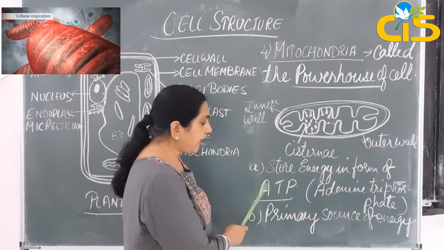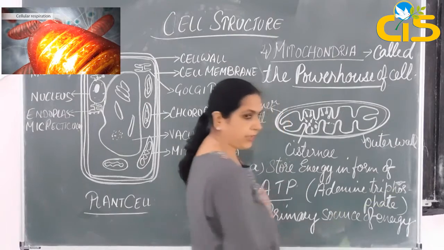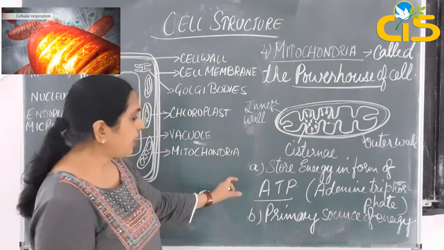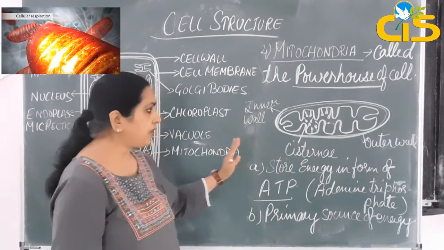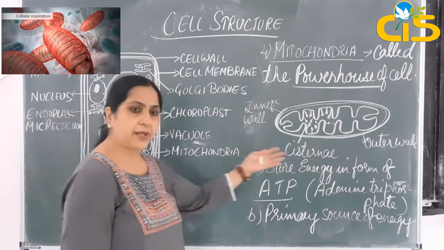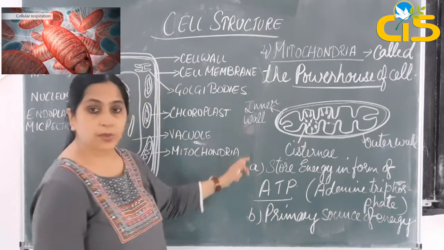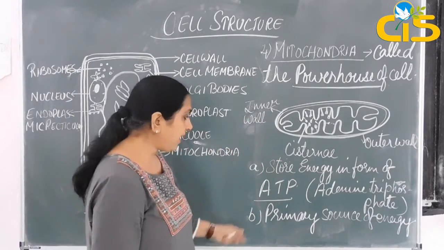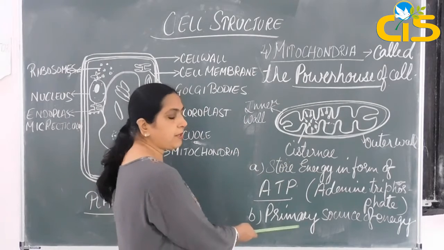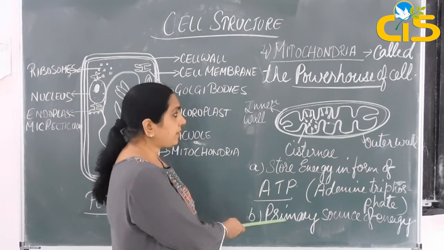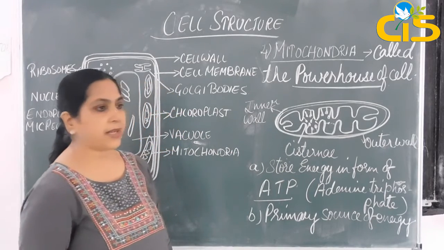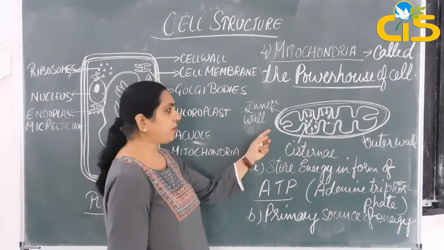Now what is ATP? ATP is adenosine triphosphate, and the extra energy is stored in the mitochondria, and whenever the cell requires it, it is taken from it. So it is called the powerhouse. It produces energy in the cell, and it is called the primary source of energy. That is, the cell needs energy, and the energy is produced by the mitochondria.